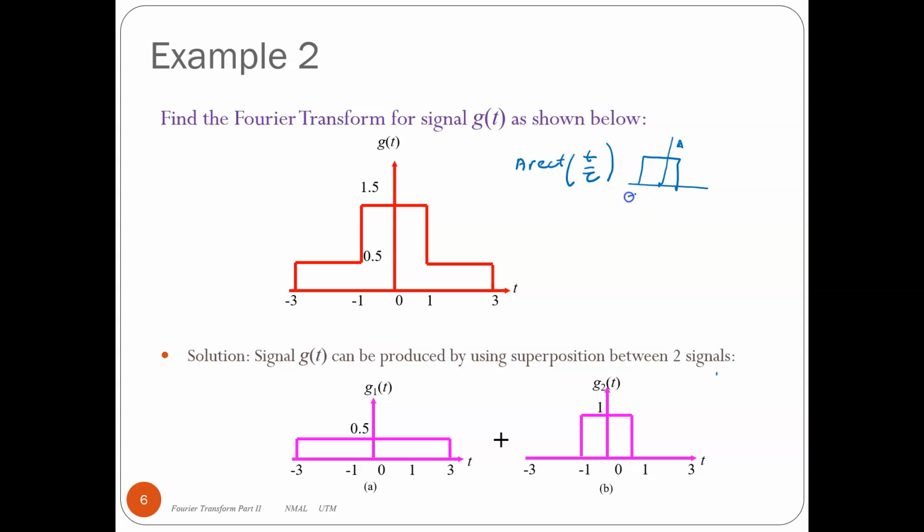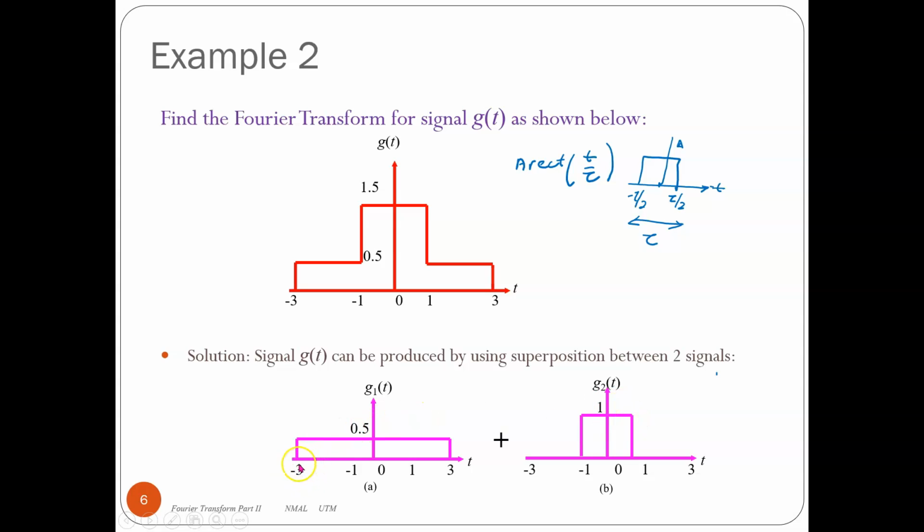The drawing here has amplitude A, and the signal runs from negative tau over 2 to tau over 2, so the duration is tau. From here we can match back to our signal. We know that the signal g(t) can be produced by using the superposition of two signals, g1(t) and g2(t).